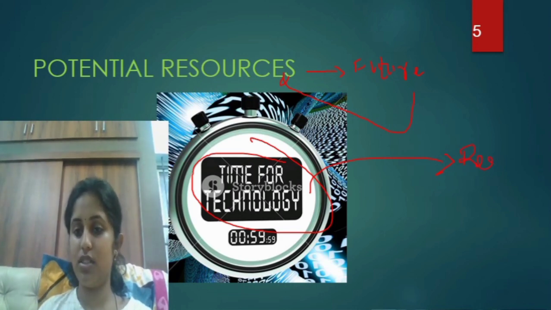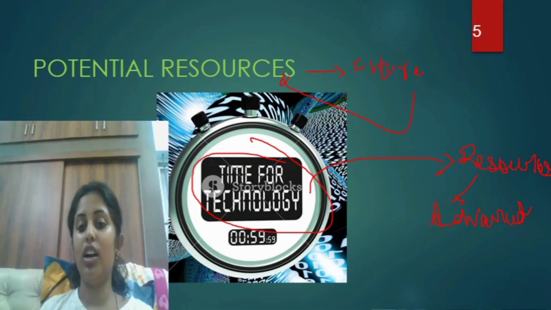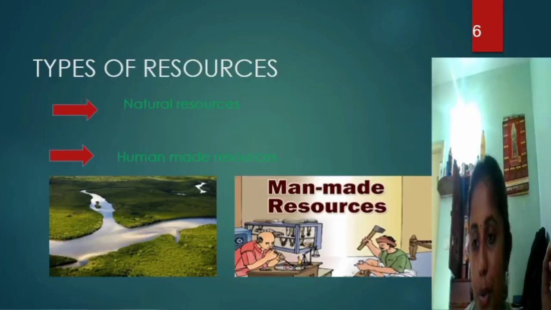As time changes, things become resources, and as technology develops, those resources may also become advanced. That is nothing but potential resources: what has the potential to become a resource in the future is called a potential resource.